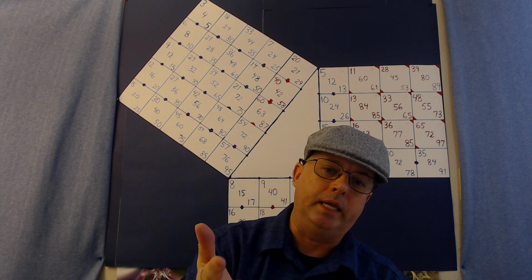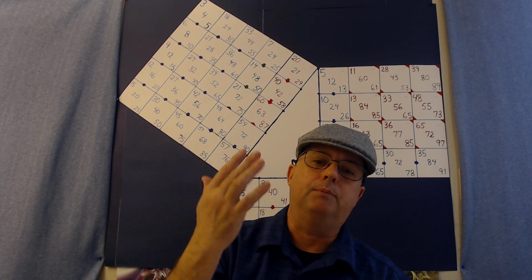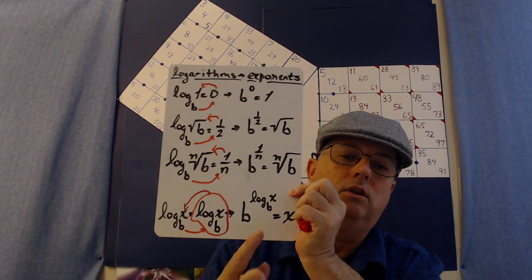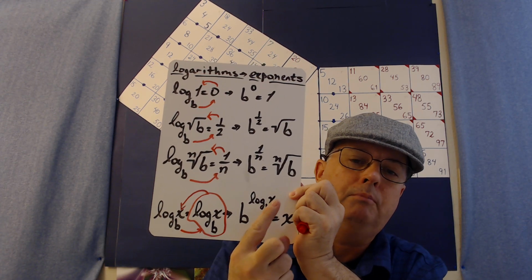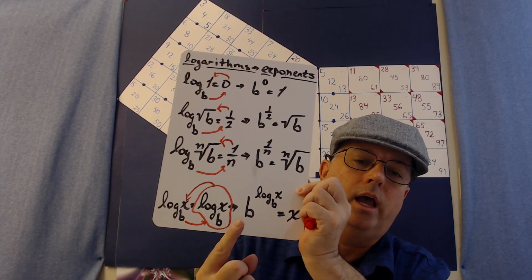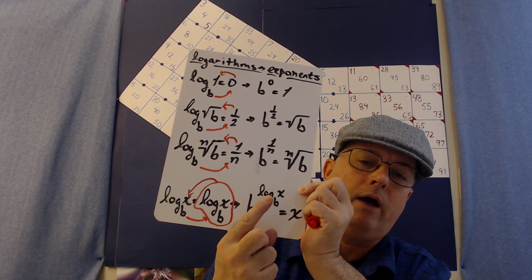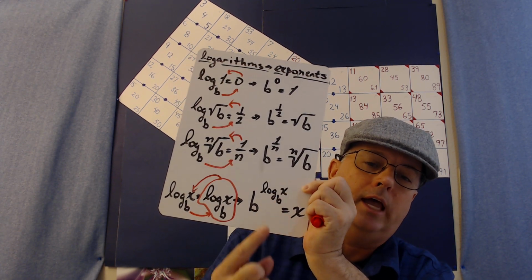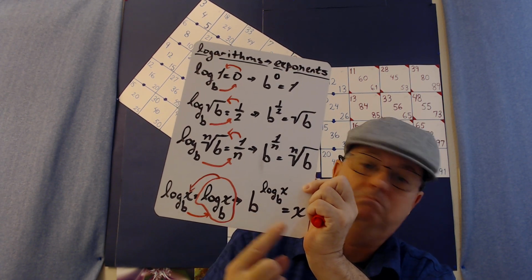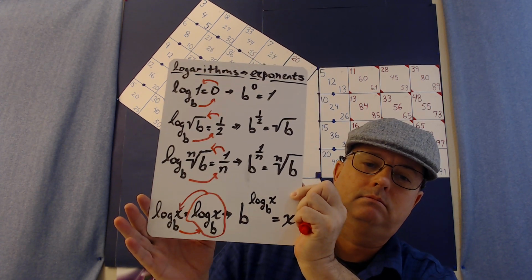We're raising b to the power that makes b become x, and you know what? It better become x. And so what happens to b? It becomes x. Can't argue with that.